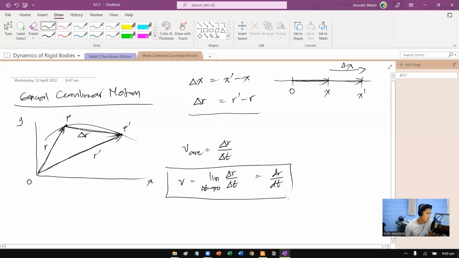So recall again that in uni-axis, our instantaneous velocity is dx/dt. Now, our instantaneous velocity is dr/dt. Okay? So that's one of the differences between uni-axis and 2D. Right. So let's continue. That's for the velocity.